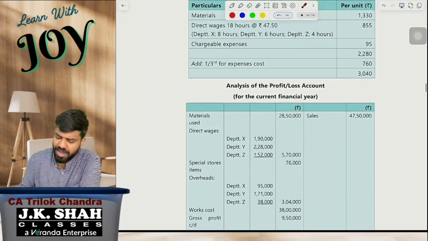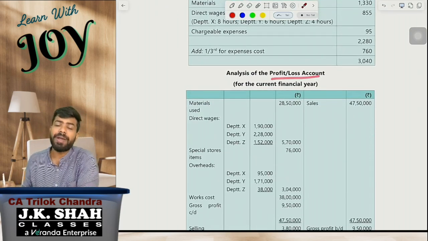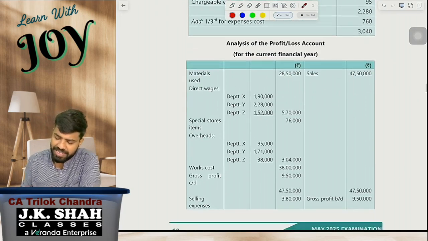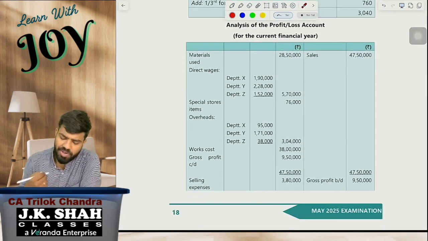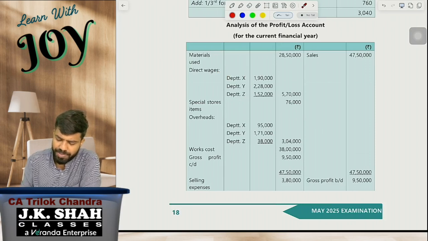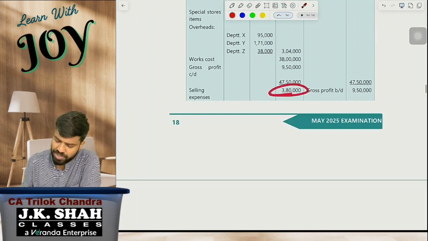Now, what they given? Analysis of profit and loss account of the company for the current financial year. They given the sales. What are the cost details given? Number one, they given the material, and then they given the direct wages, department wise, department X, department Y, department Z, direct wages given. Special stores 76,000 and overheads given department wise. Works cost comes to 38 lakhs. Gross profit taken. Selling expenses 3,80,000.